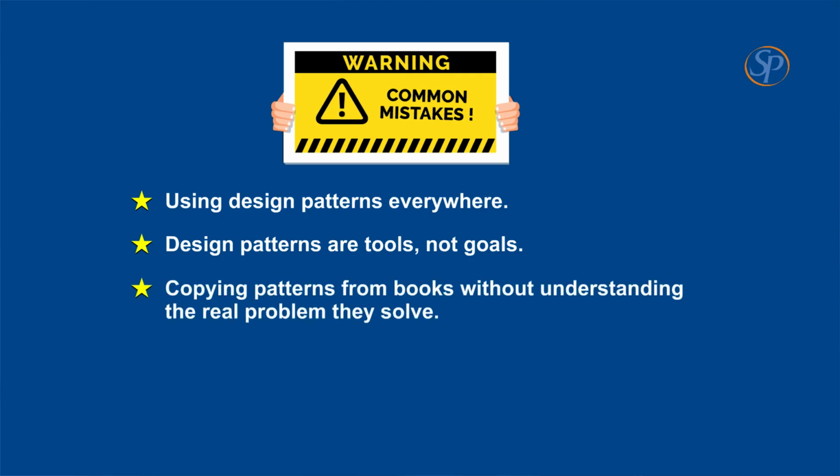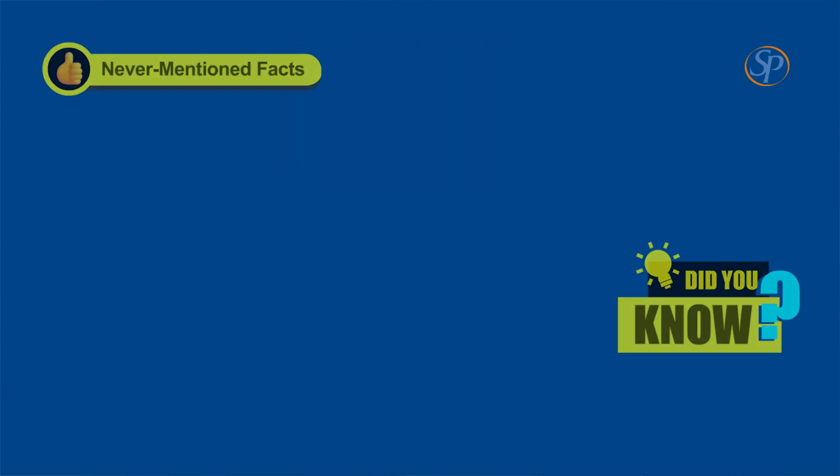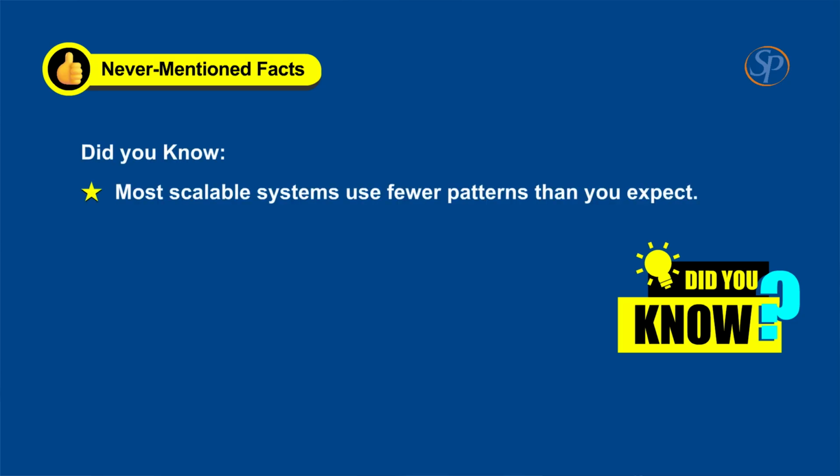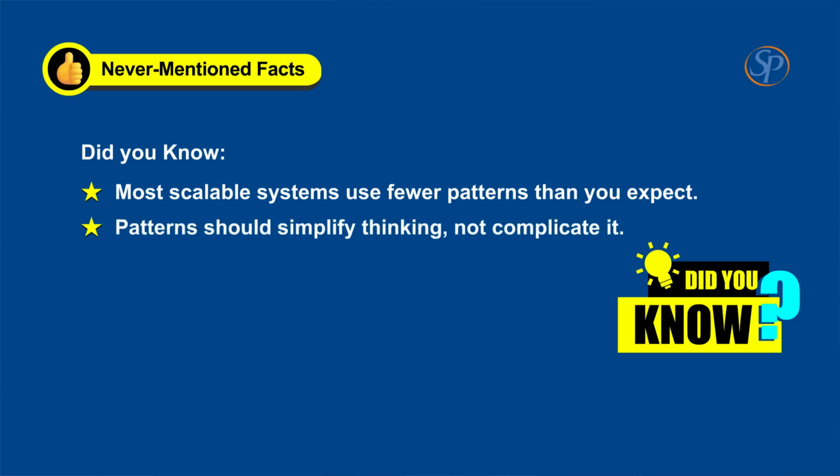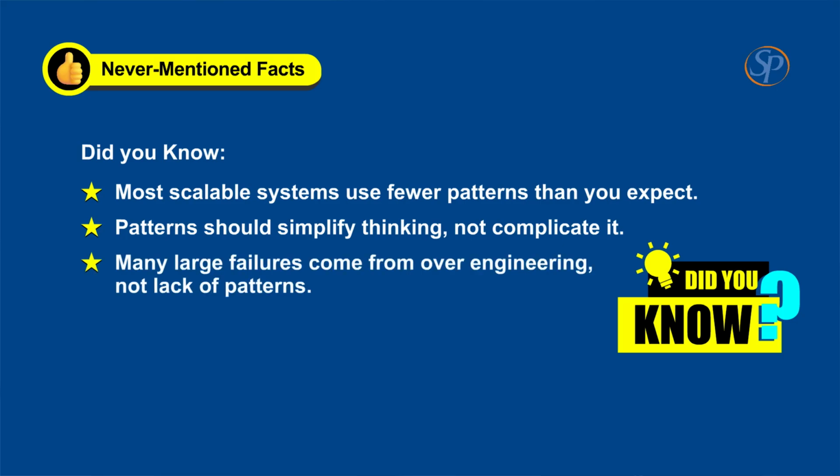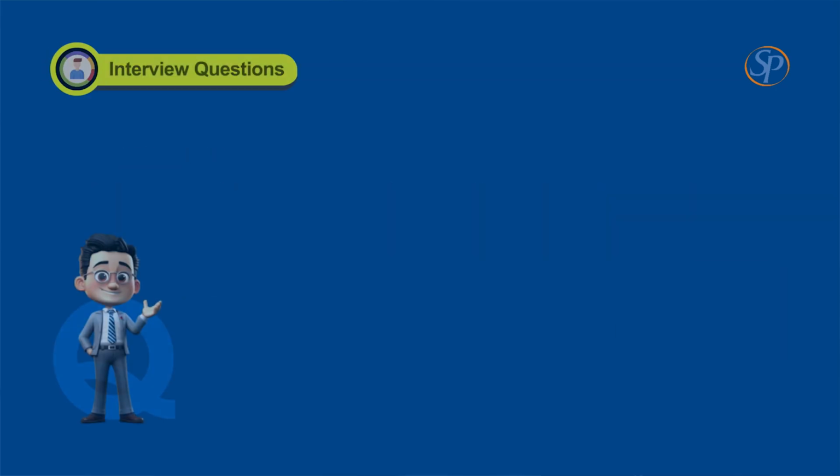Another mistake is copying patterns from books without understanding the real problem they solve. This leads to unnecessary complexity. A few little-mentioned facts. Most scalable systems use fewer patterns than you expect. Patterns should simplify thinking, not complicate it. Many large failures come from over-engineering, not lack of patterns.